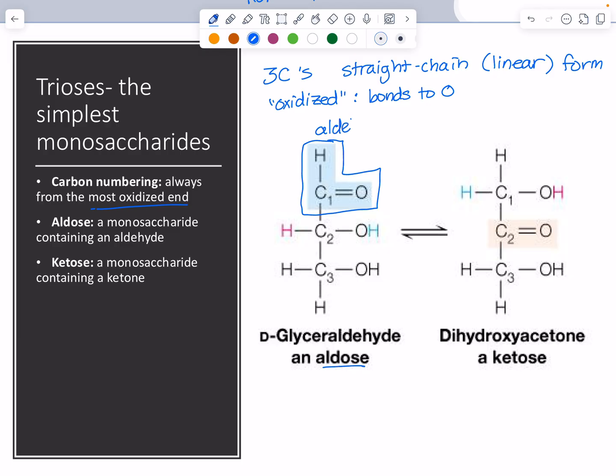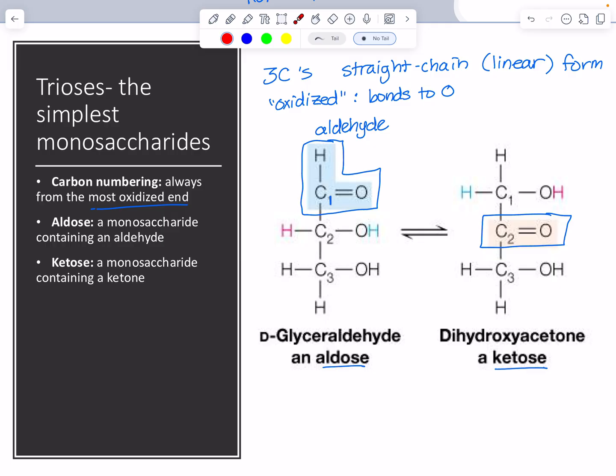because it has an aldehyde group. The aldehyde carbon is our most oxidized carbon, so that gets carbon number 1, and then we number moving farther away from that. Then we have dihydroxyacetone, which is a ketose, because it has a ketone group. So instead of having a hydrogen attached to the carbonyl, it has an R group on either side.